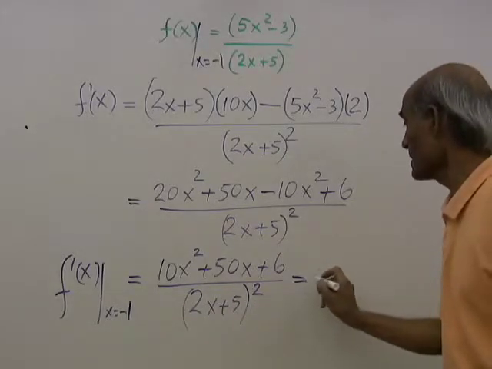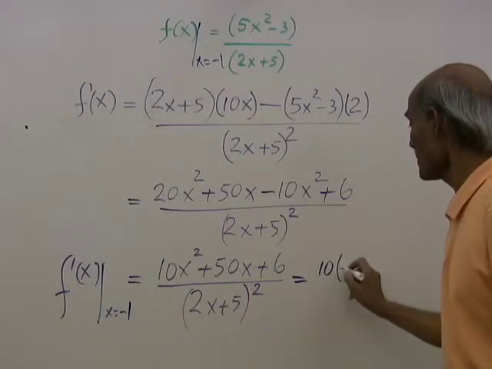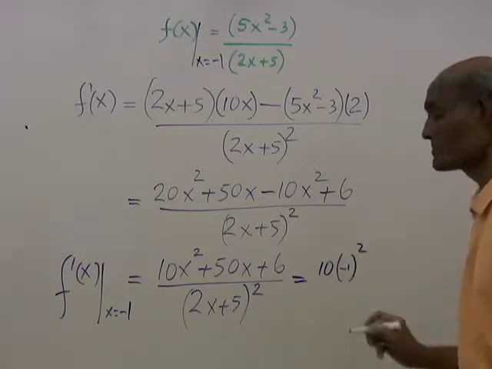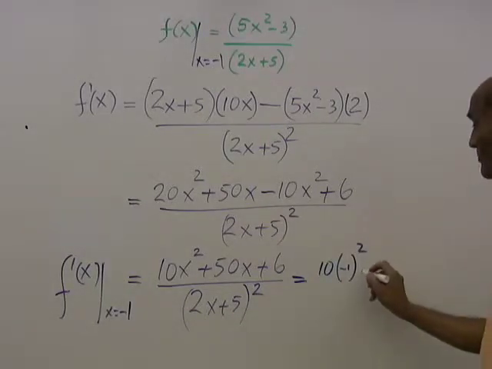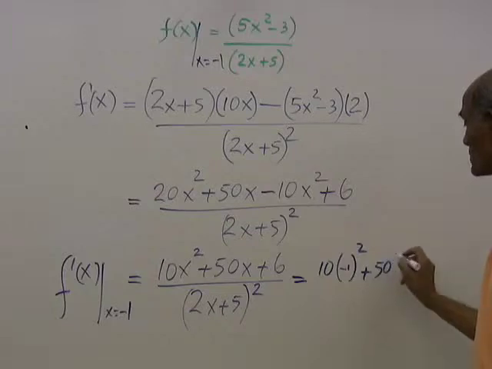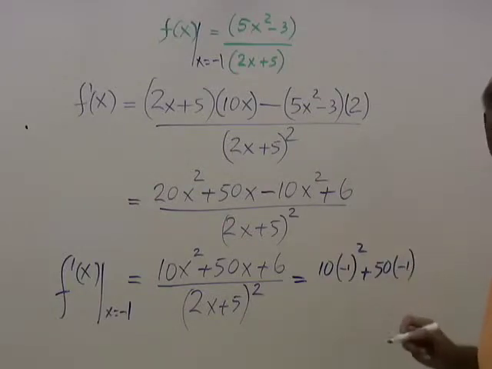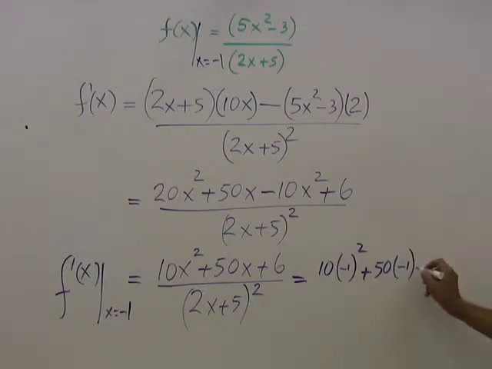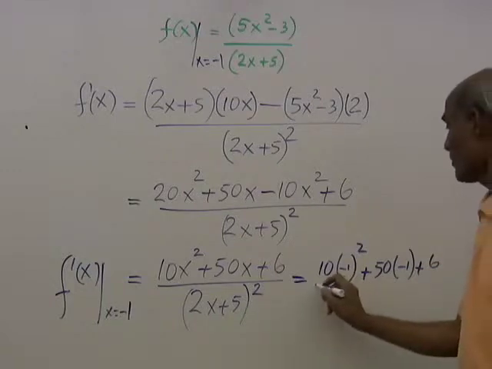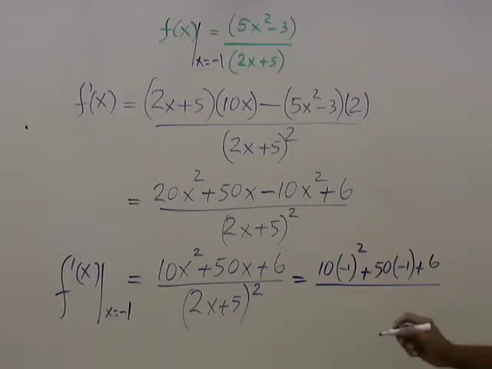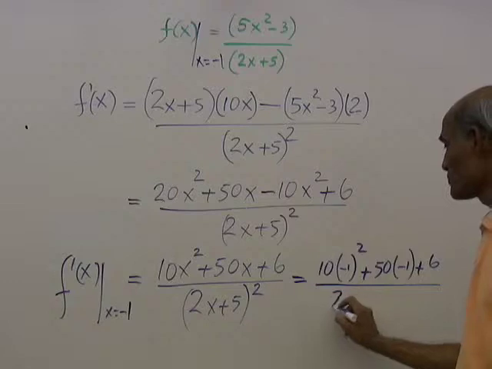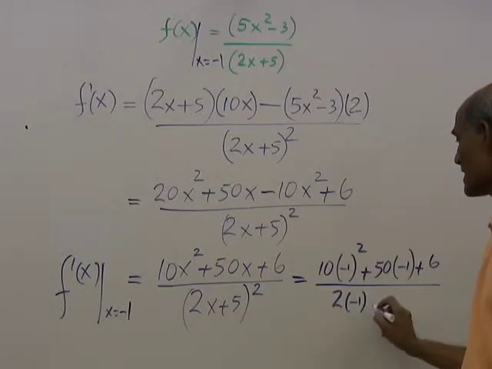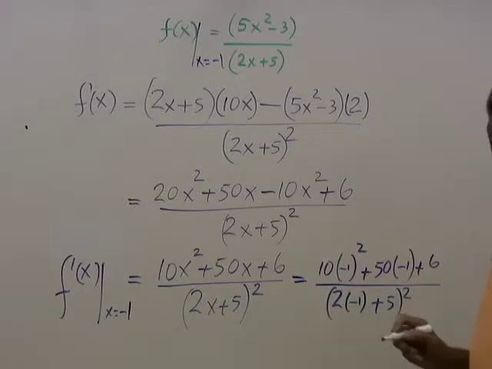And that will be 10 times negative 1 squared plus 50 times negative 1 plus 6, all over 2 times negative 1 plus 5 raised to the power of 2.